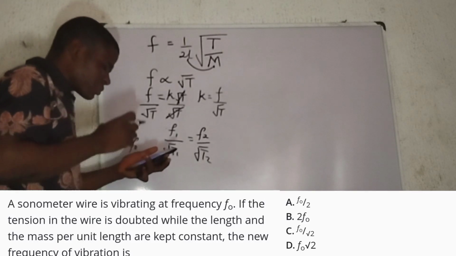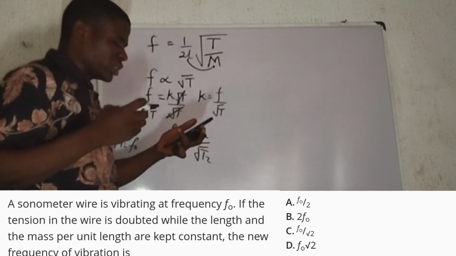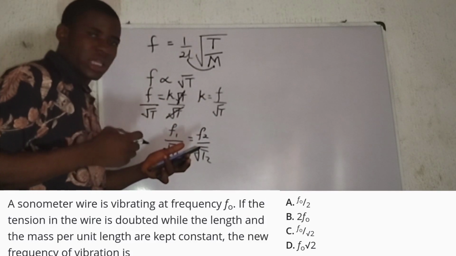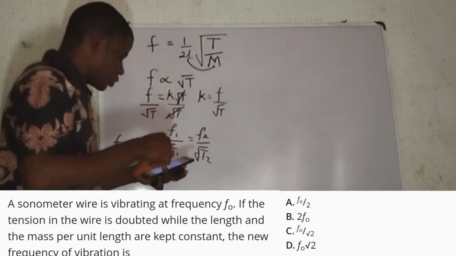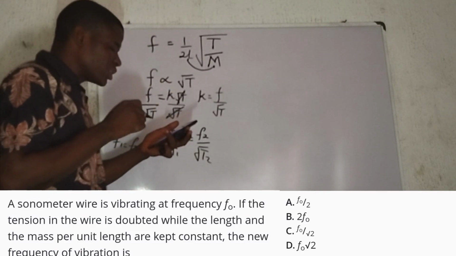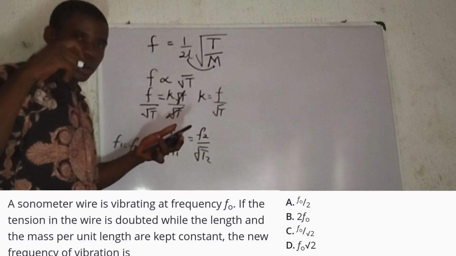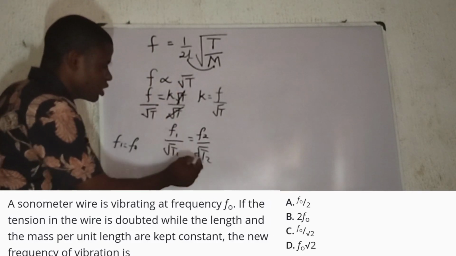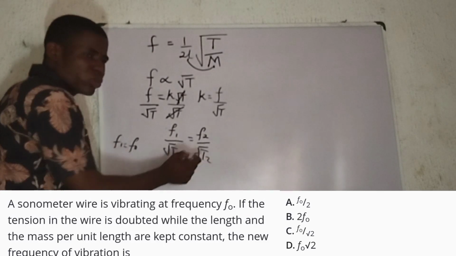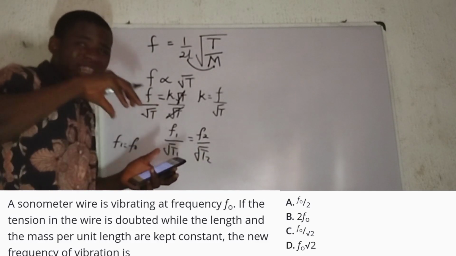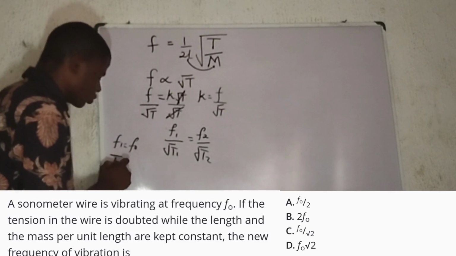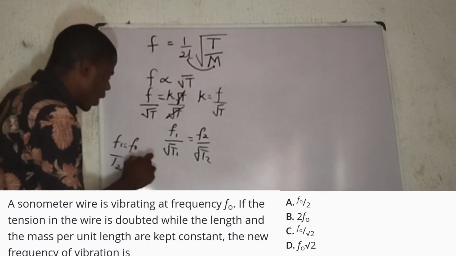They say if the tension in the wire is doubled, the question is, what is the new frequency of vibration? That means the tension in the wire becomes T2, and T2 equals 2T1.